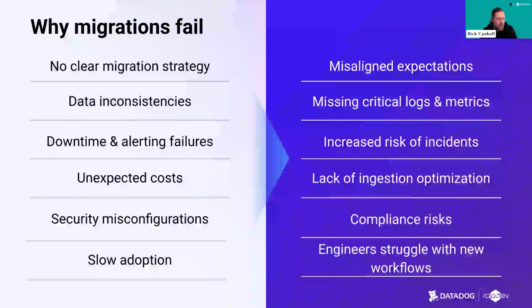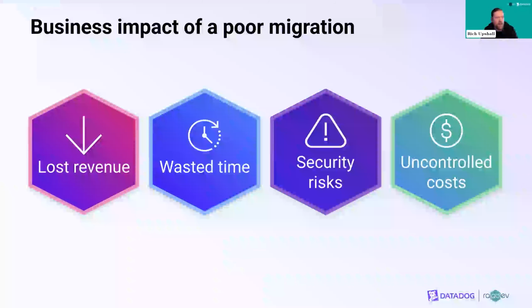And that wider rollout really stalls and almost becomes a bit of a thorn in the side for a business. And all these reasons end up with a common business impact that we see down to lost revenue, wasted time, security risks, and ultimately uncontrolled spiraling costs.